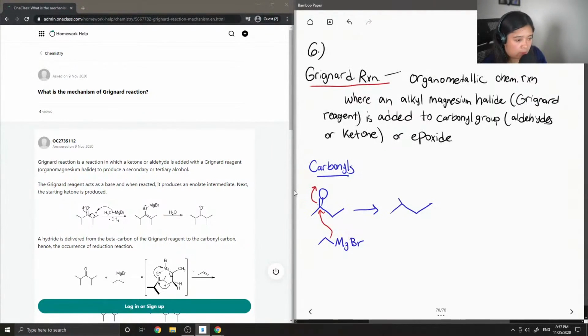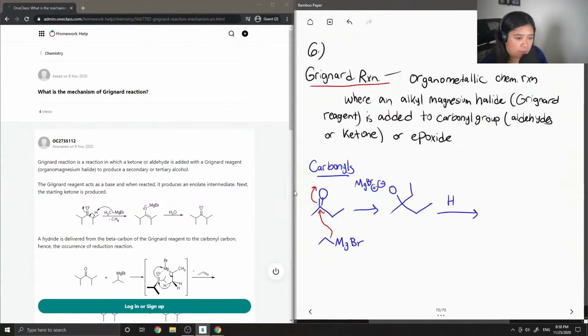So when this takes place, it adds on the R group that we wanted, and that negatively charged oxygen, I'll just show that the magnesium bromine is kind of stabilizing it.